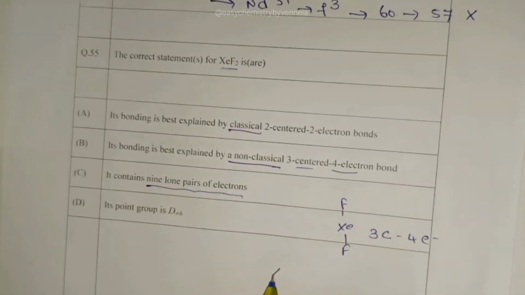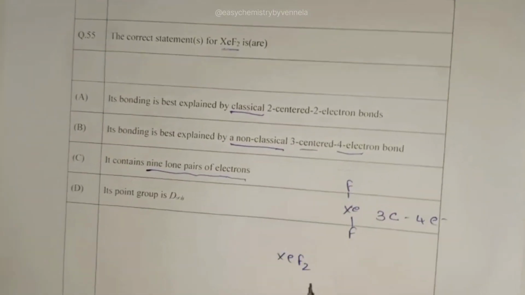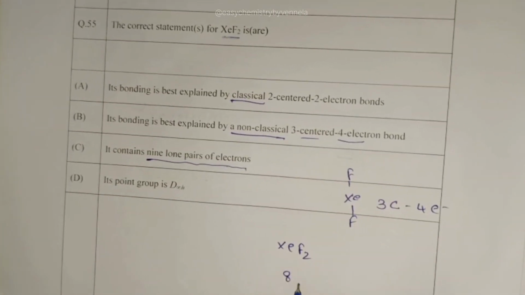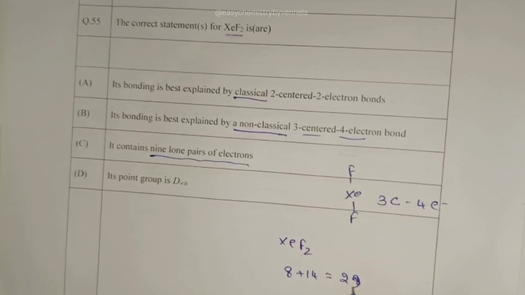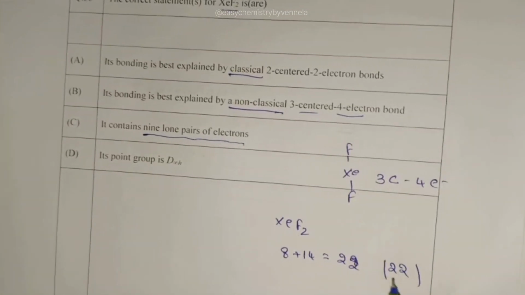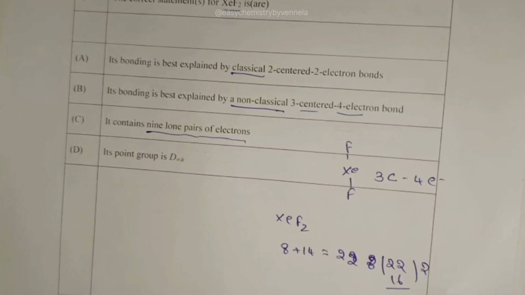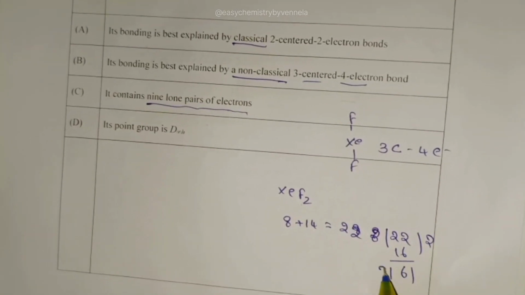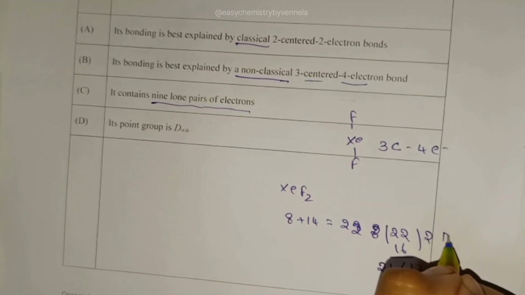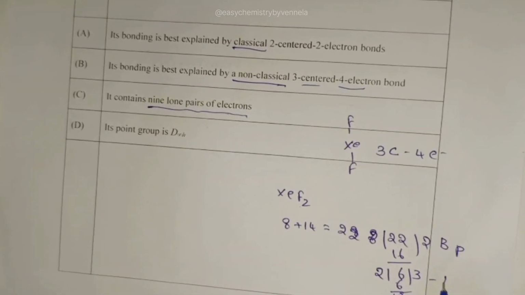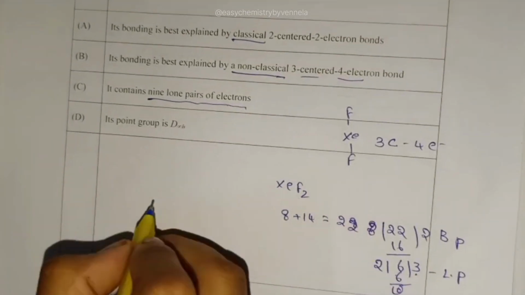Here XeF2, X is 8 plus 14, that is equal to 22. It can be divided like this: 8 to 16, 6, 2, 3, 6, 0. So here bond pairs and next here lone pairs. 3 lone pairs means the structure is like this.